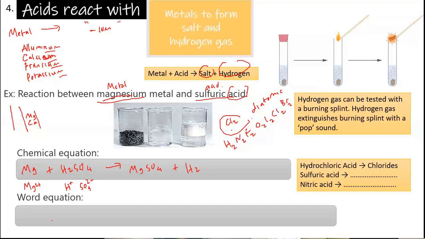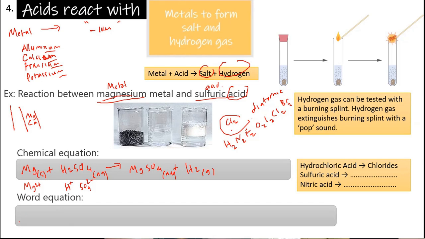Okay, then write the word equation. Remember the state symbols: solid, aqueous, gas. Then write the word equation involving the reaction of magnesium and sulfuric acid.